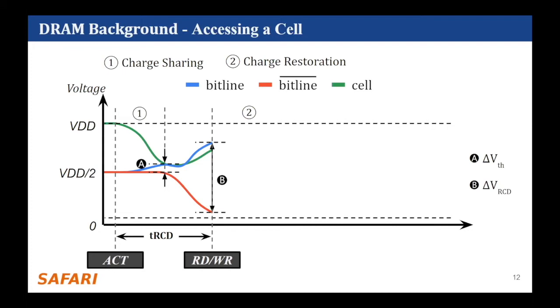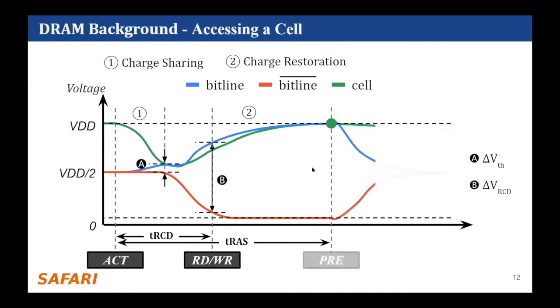This voltage difference we denote as delta V RCD, and the rest of the charge restoration process just restores the charge level back to the cell, so that the value stored in the cell does not get destroyed. And when the charge at the cell is fully restored, we can issue precharge commands to close the row.